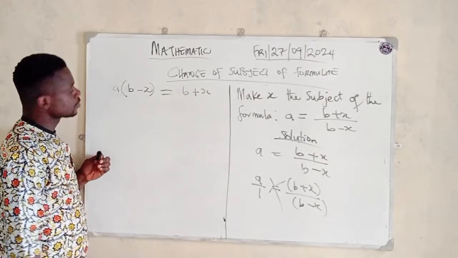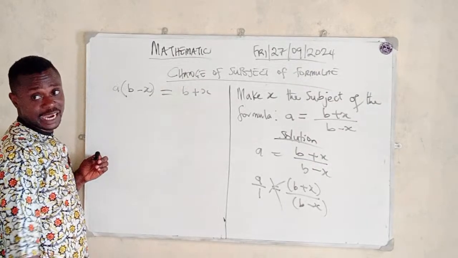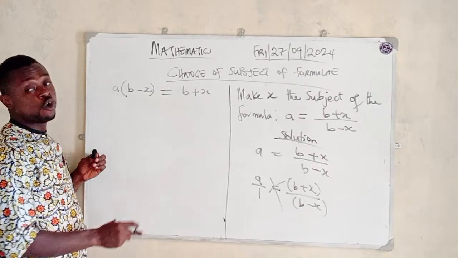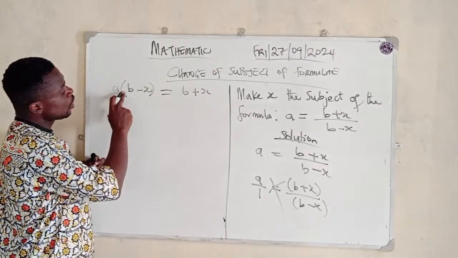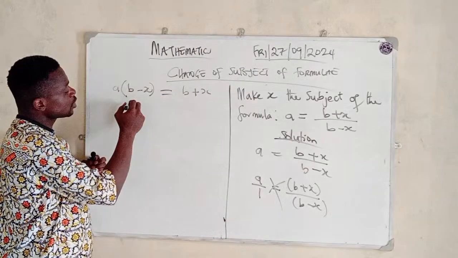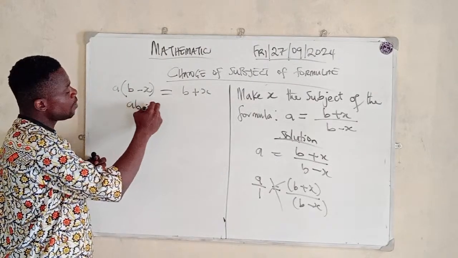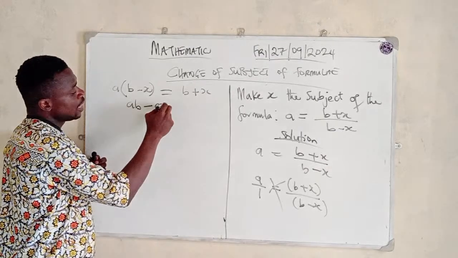Good. Remember, our target is to make X the subject of the formula. So we will be forced to open these brackets. So we use A to multiply everything inside the brackets. A times B is AB, minus A times X is AX, is equal to.